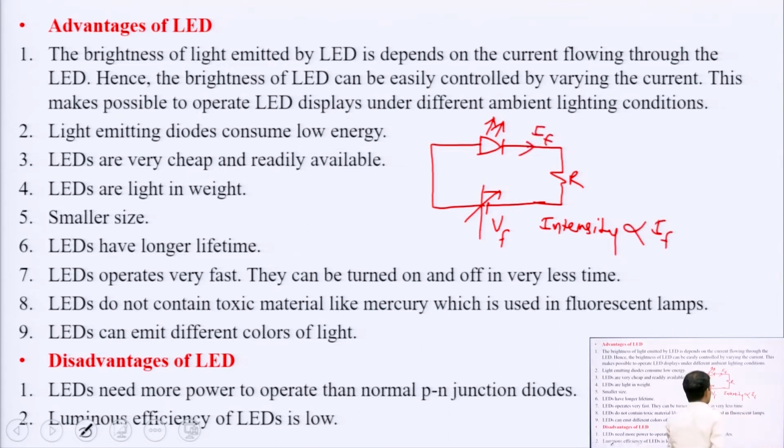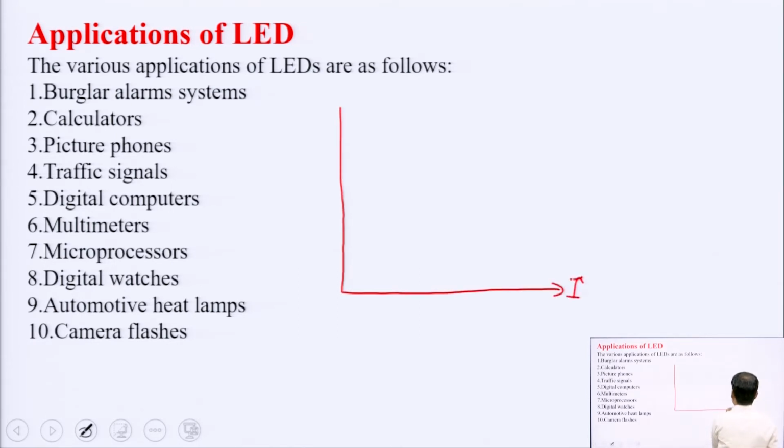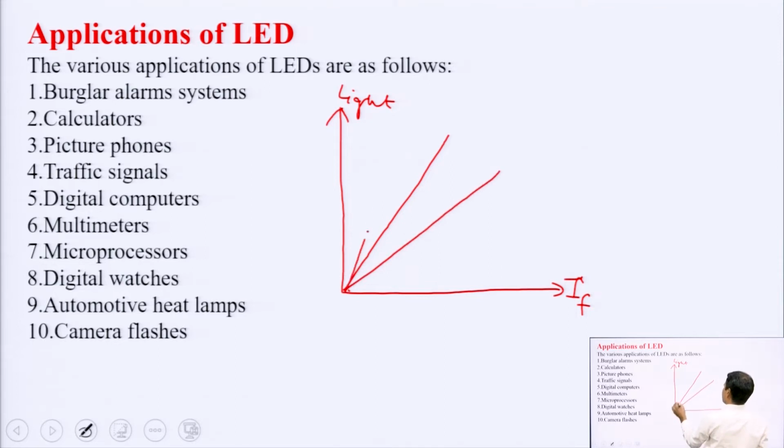I am going to draw a graph also. Here in the graph you can see the forward current and the light, and I am going to draw three graphs here: R1, R2, R3.